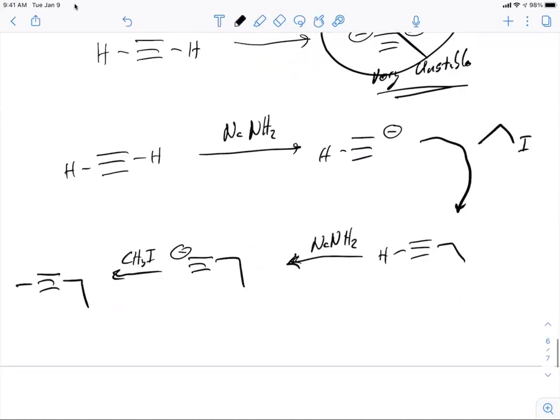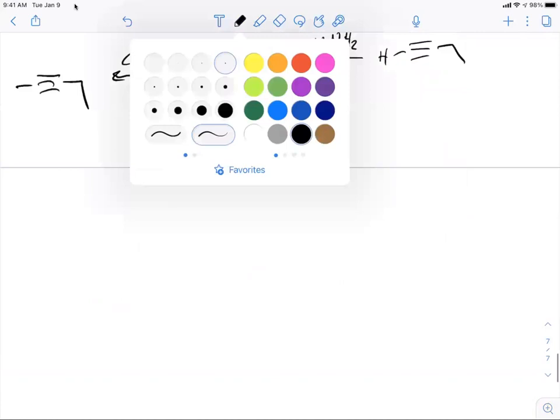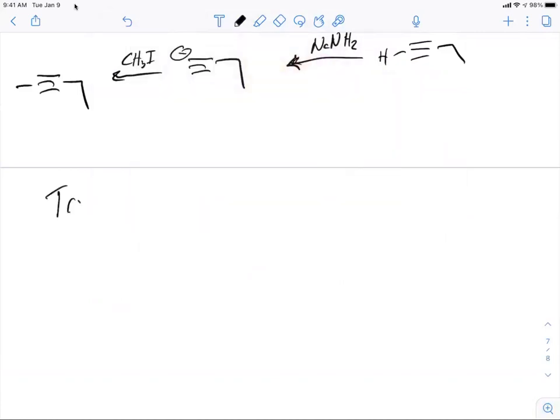So let's try some product reactions with this. And then we'll get into synthesis.